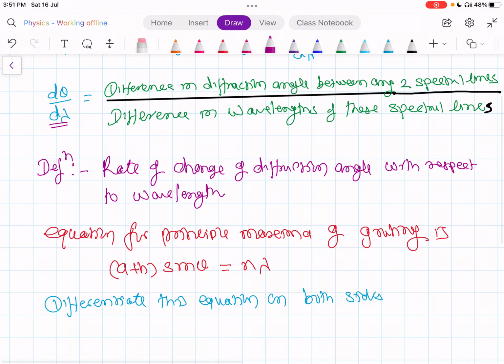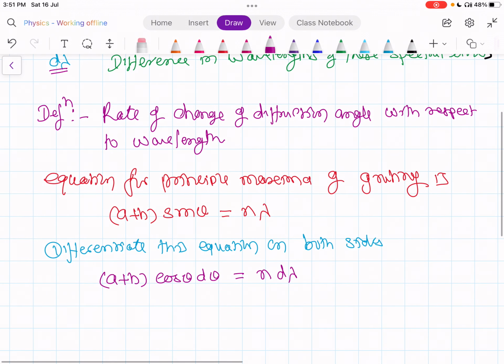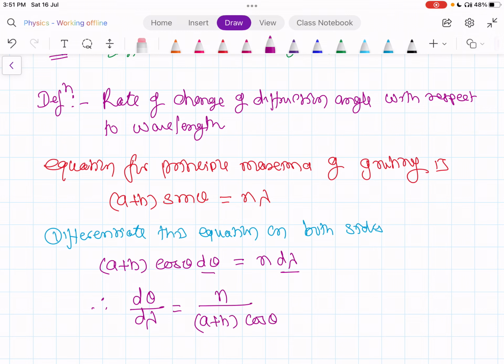So the differentiation is (a plus b) cos theta d theta is equal to n d lambda. And you know the dispersive power is d theta by d lambda. Therefore, d theta by d lambda is equal to n upon (a plus b) cos theta.